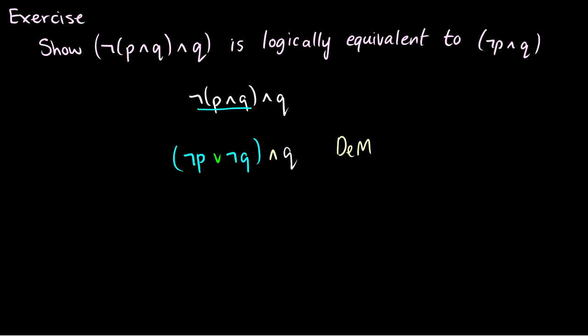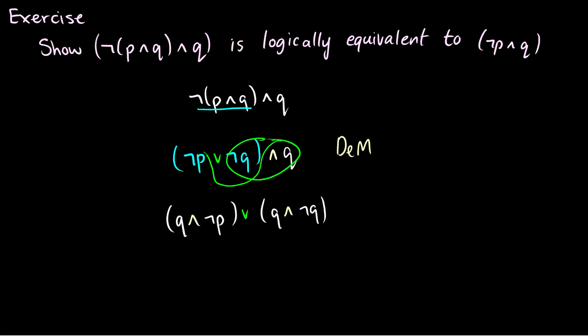What this will look like is we'll have Q and not P together, we'll have Q and not Q together, the ands will be distributed in, and the or will remain in between. So it's like grabbing Q and not Q, and then Q and not P together. Okay, and that was distributivity.